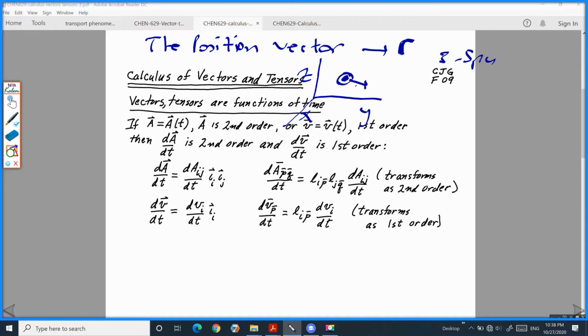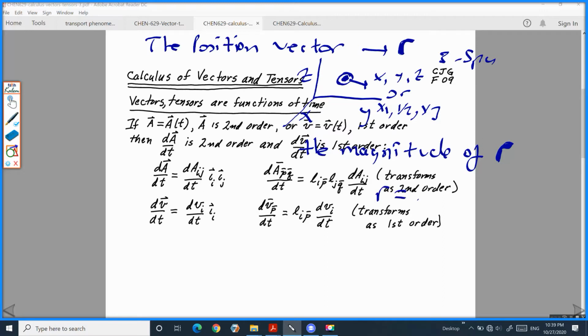Let's say then this has the components x, y, z, or x1, x2, and x3. Okay, so the magnitude of R is given by the formula of x1, x2, and x3.